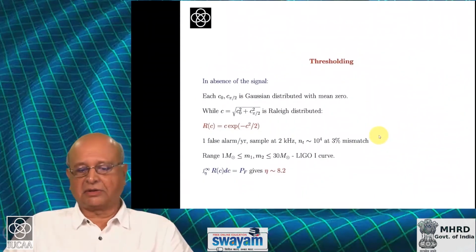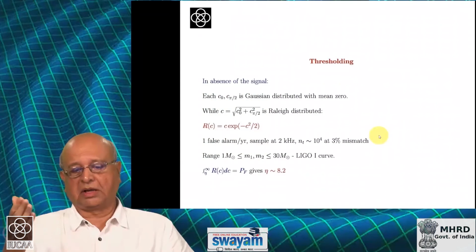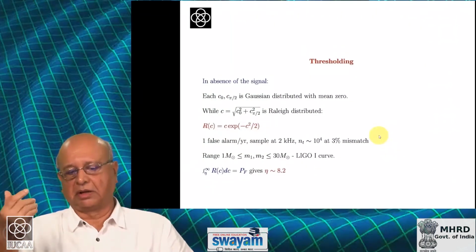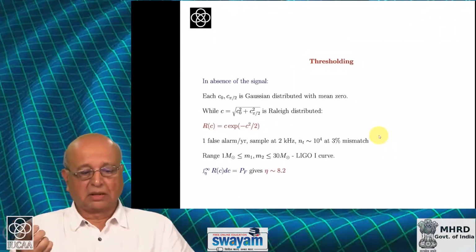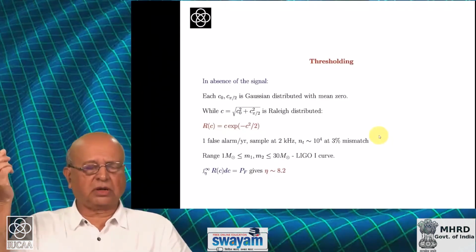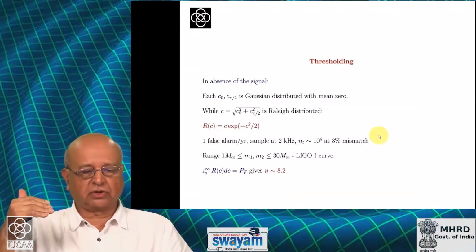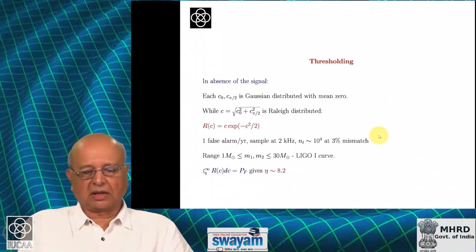In that case, you sample at 2 kilohertz, and there are something like 10,000 templates, as I have said, at 3% mismatch. Then you have a false alarm probability of an extremely small number. The alpha is extremely small, and you must put a threshold on C, something like eta of 8.2 sigma.